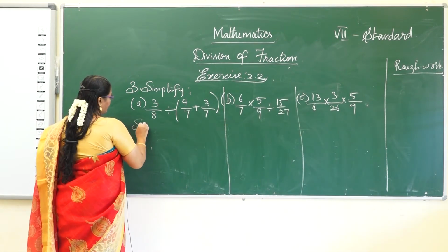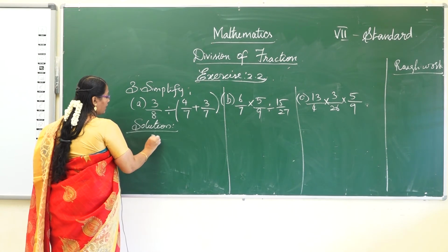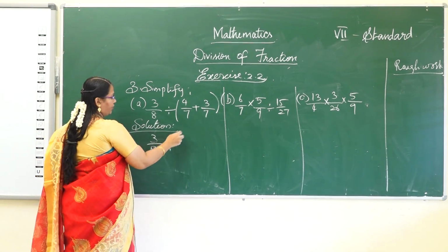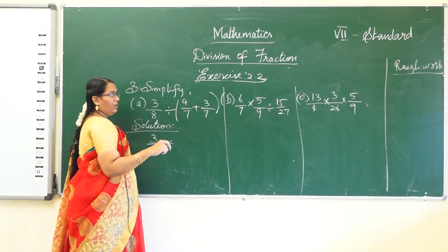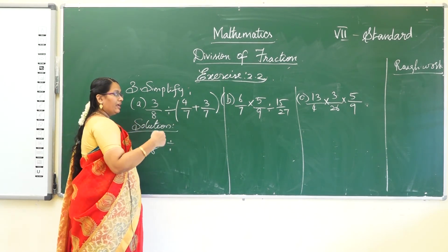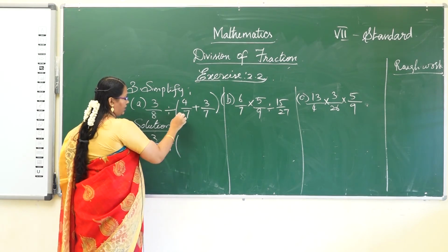Okay, so solution. 3 by 8, so division is given. First prefer the brackets, the parenthesis. So simplify the parenthesis values. Here two like fractions are given, so we can easily add the numerators.